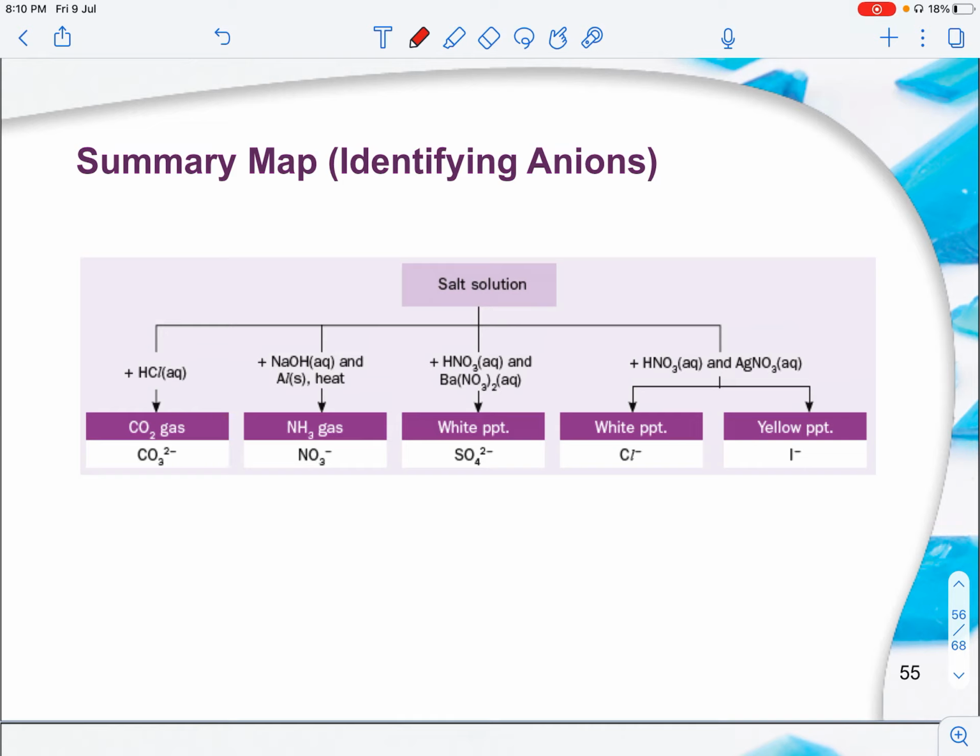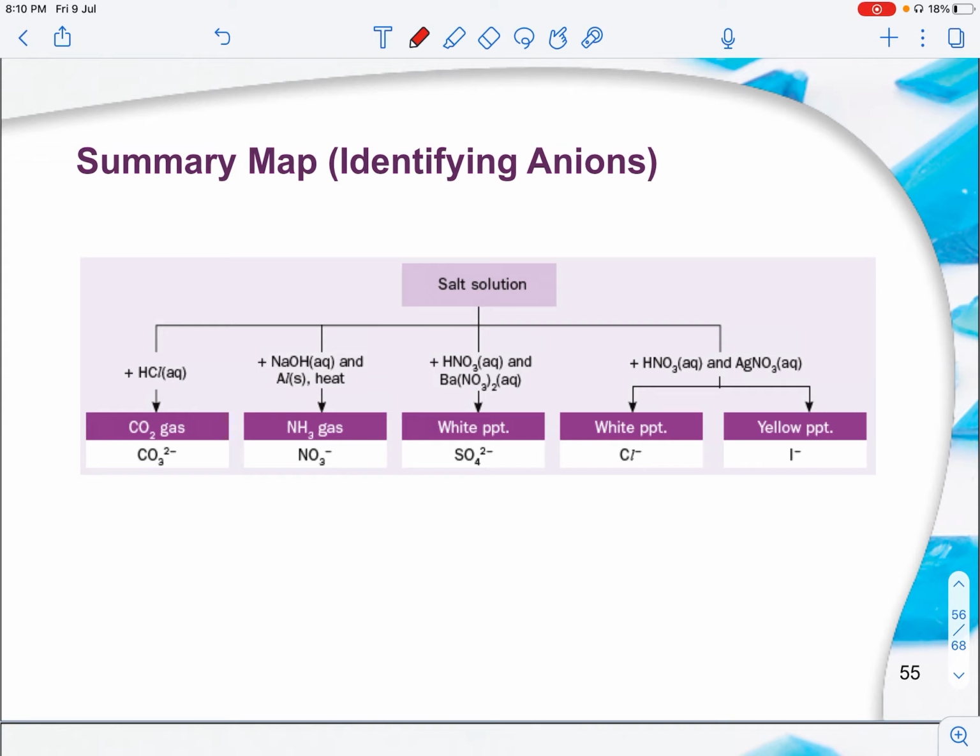Then when we look at sulfate and chloride, these two will generally produce a white precipitate. However, for sulfate we use barium nitrate, so the white precipitate is barium sulfate. For chloride, we use nitric acid with silver nitrate, and the white precipitate formed is silver chloride.